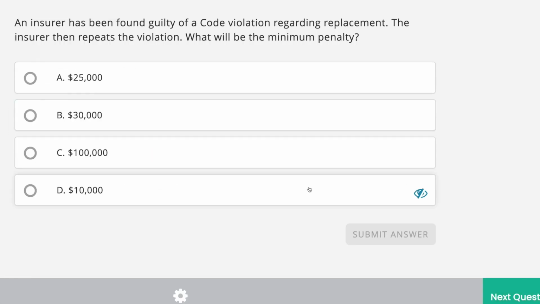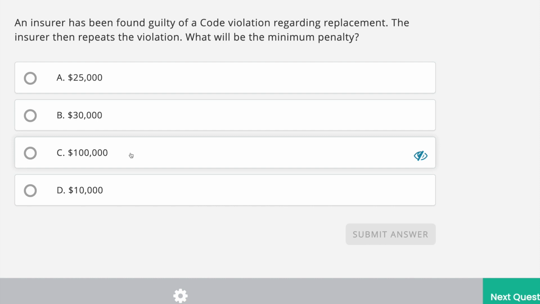An insured has been found guilty of a code violation regarding replacement. The insured then repeats the violation. What is the minimum penalty? Dang, did they change it? I remember the first one was 1,000. No, 1,000 is for an agent.